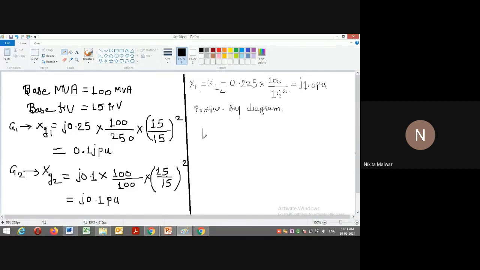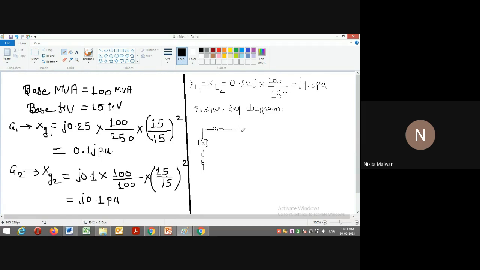For generator 1 you will find one source, and with that source an impedance, or you may say a reactance. After that line 1 is connected, so instead of line 1 you connect the reactance.